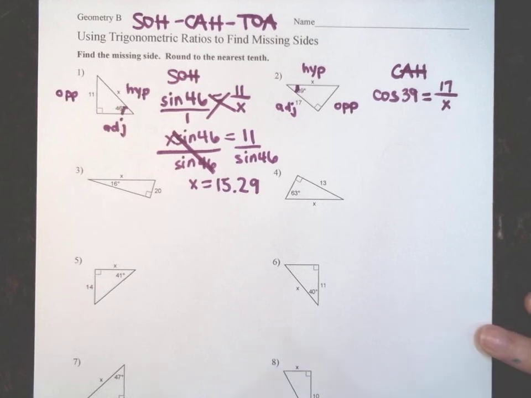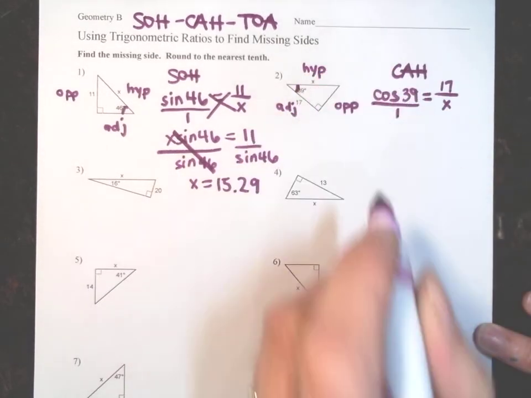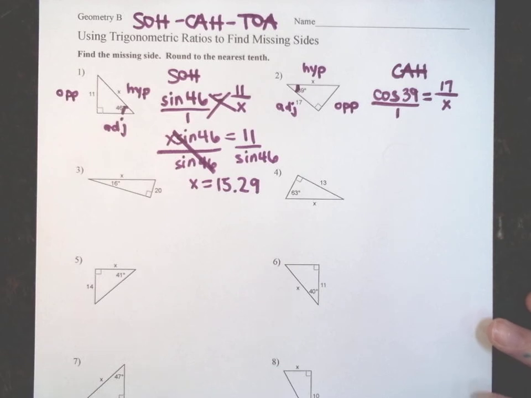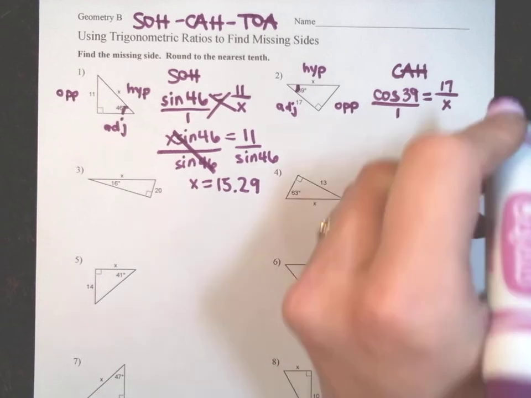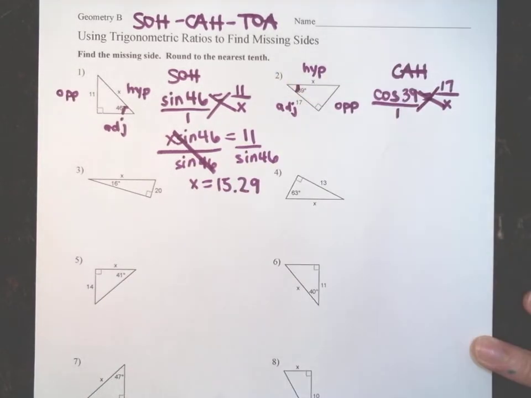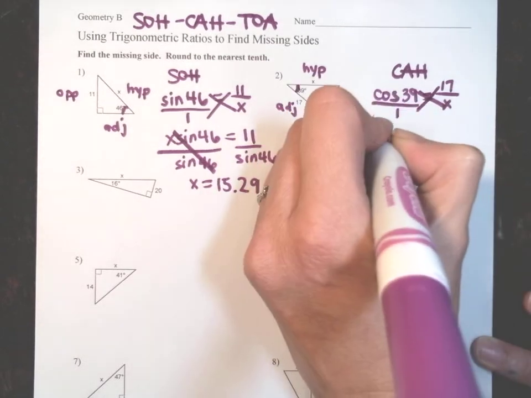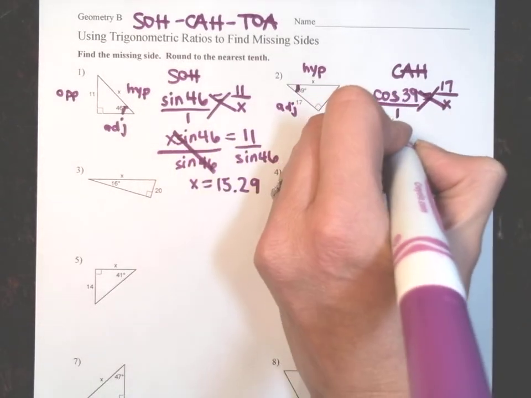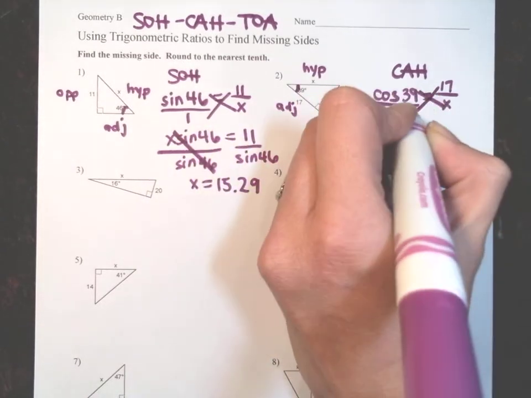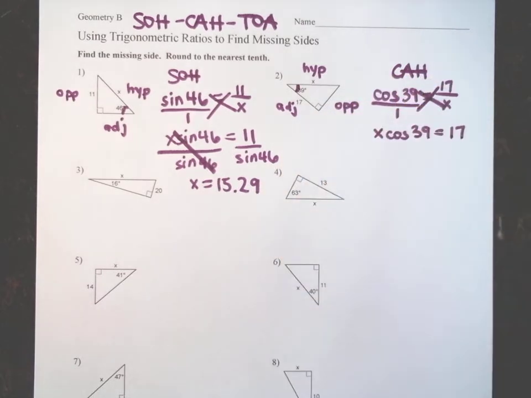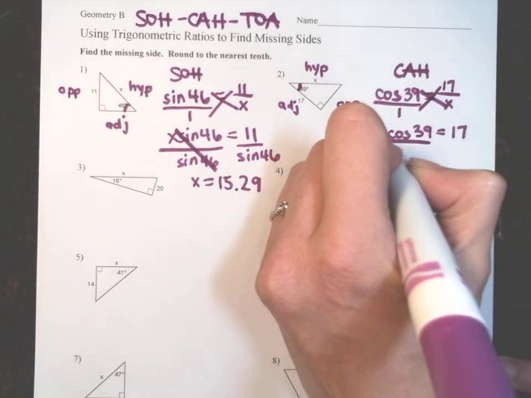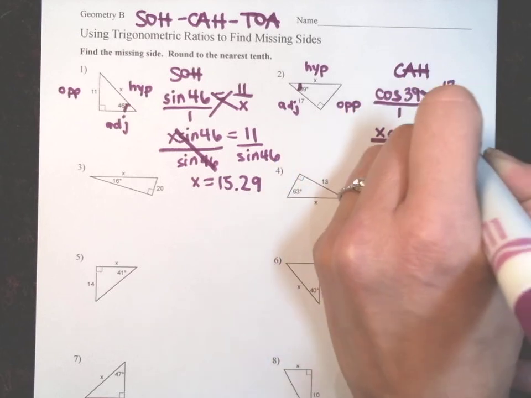Then we're ready to solve for x. So we turn both into a fraction, and we can cross multiply. So we have x times the cosine of 39 equals 1 times 17, which is 17. Solve for x by dividing both sides by the cosine of 39.